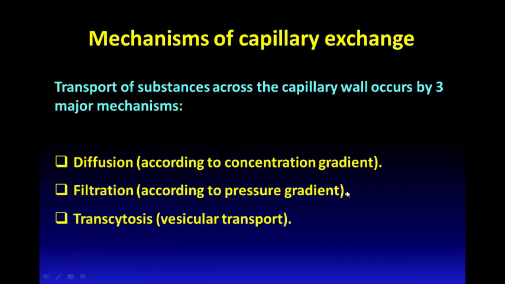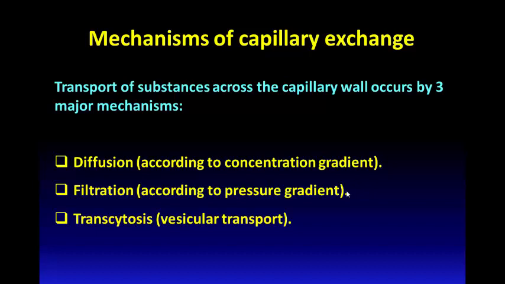Now, let's discuss the most important topic of this learning activity, which is the mechanisms of capillary exchange. Transport of substances across the capillary wall occurs by three major mechanisms.